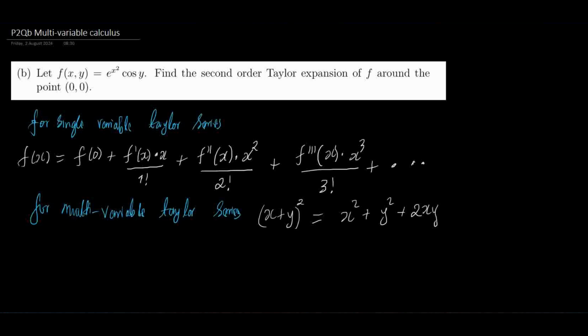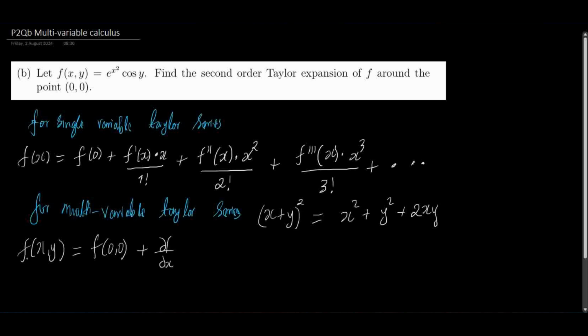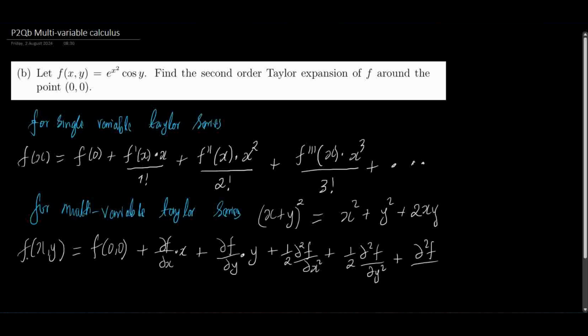So once you know this, for multivariable, we know that the formula will simply be f(x, y) equals f(0, 0), plus the partial derivative with respect to x of our function f multiplied by x, plus the partial derivative of our function with respect to y multiplied by y, plus a half the second partial derivative of our function with respect to x squared, plus a half the second partial derivative of our function with respect to y squared, plus the mixed partial derivative of our function with respect to x and with respect to y times xy.